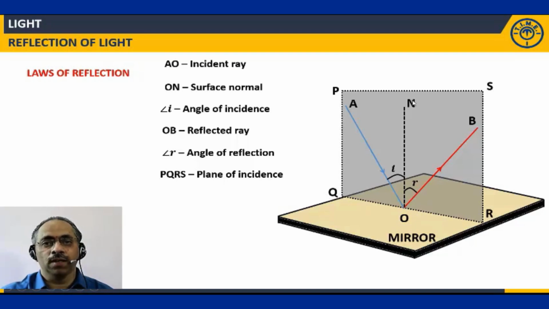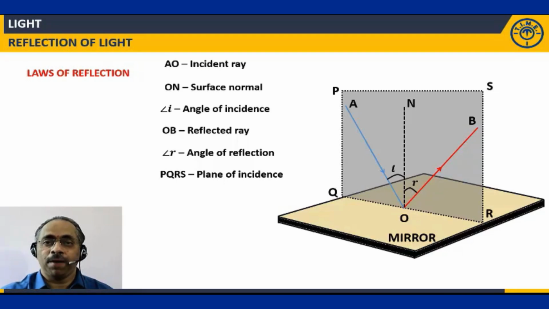That is what you call the surface normal at the point of incidence. Then we have the angle between the incident ray and the normal, that is the angle of incidence. We also have the angle between the normal and the reflected ray, that is the angle of reflection.